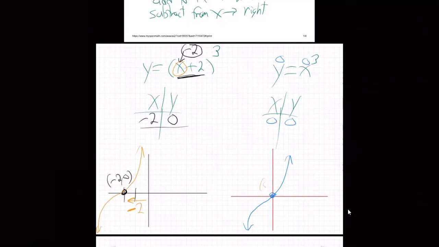It shifted it from 0, 0 back to -2, 0. So adding +2 right here actually shifted it left 2. X plus 2 has a left 2 effect on the graph, doesn't it? It's just simply true, so you got to remember it. X has the opposite effect on graphs.